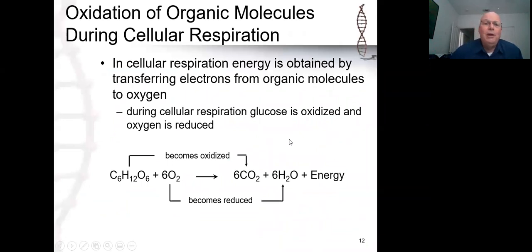So when we look at the overall equation for cell respiration again, you start to realize why this is a redox reaction. So the glucose is becoming oxidized.